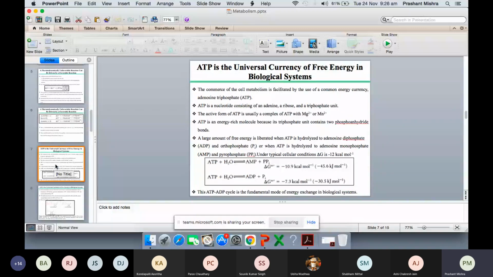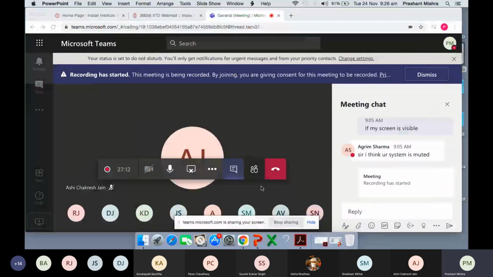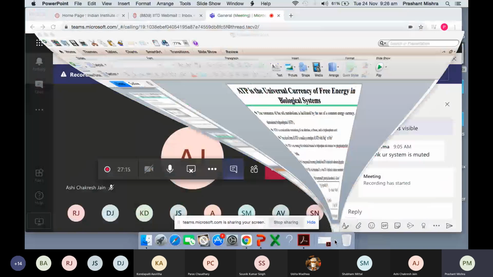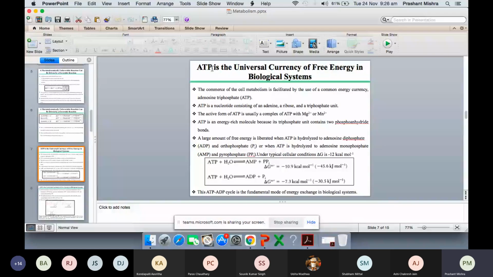So ATP is the one which has high energy, and from where this high energy comes, that part I'll discuss separately. But it is important that you should know that ATP is the universal currency of free energy. We will also talk about why ATP has been chosen as a universal currency and what is unique in ATP, that is why it drives other reactions.